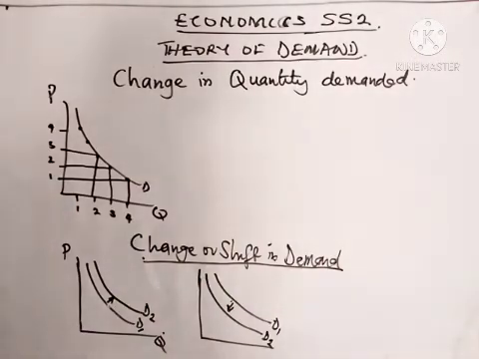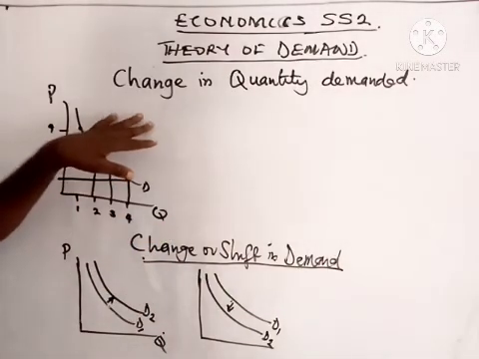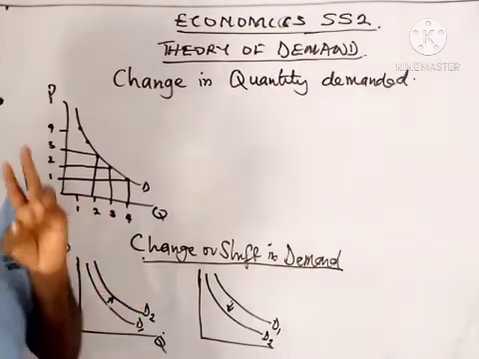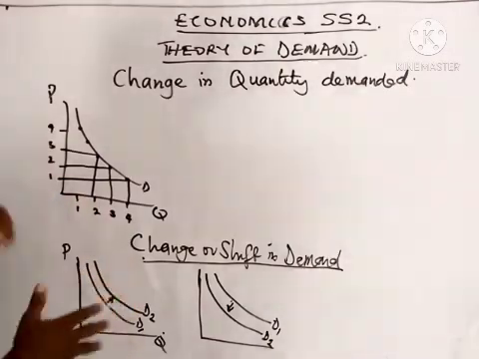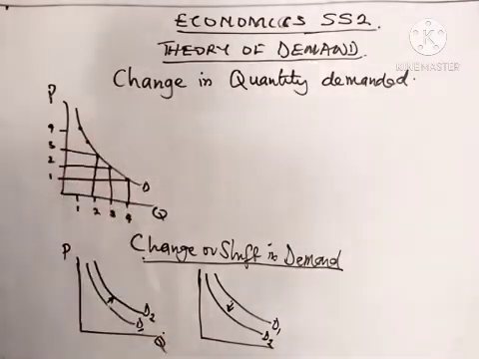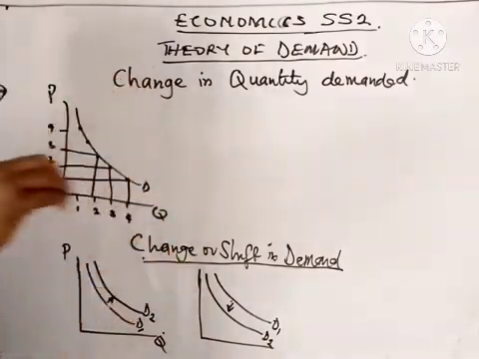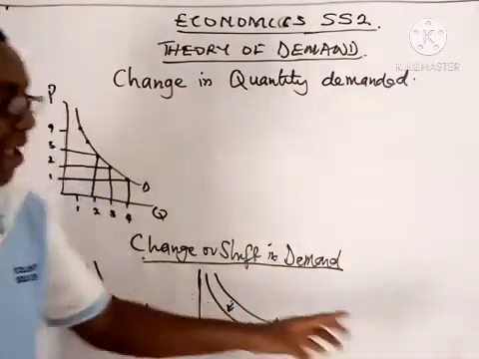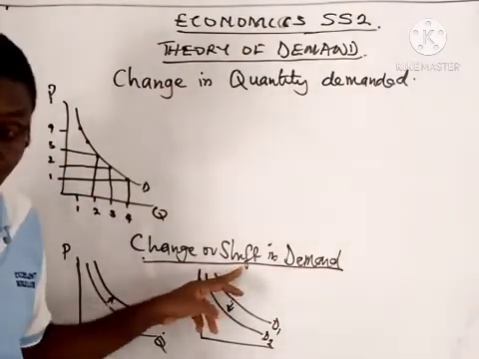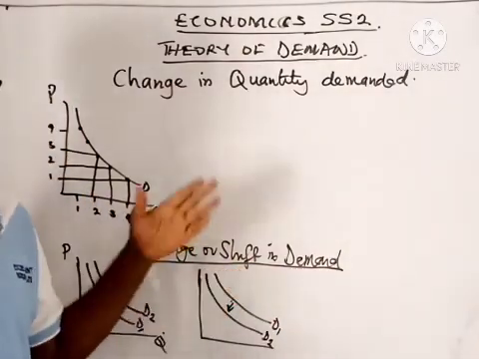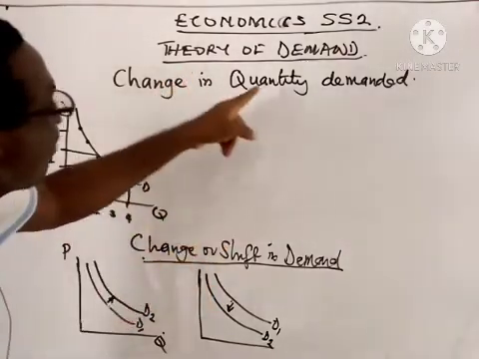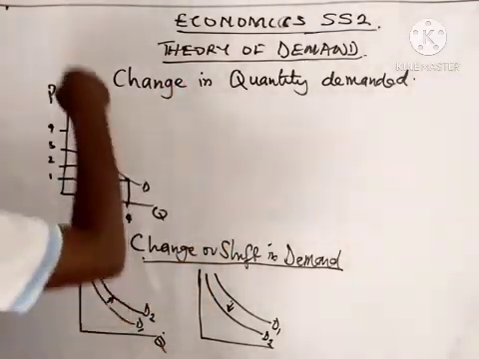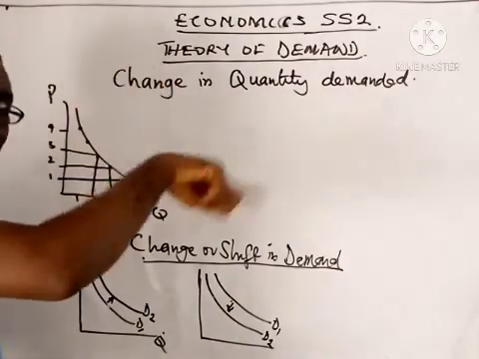So when you are talking of change in quantity demanded, because it can cause a lot of challenge for students, when you are talking of change in quantity demanded, it is different from change in demand. You may not put shift there so that it cannot confuse you. So change in quantity demanded means you are still on the same demand curve.